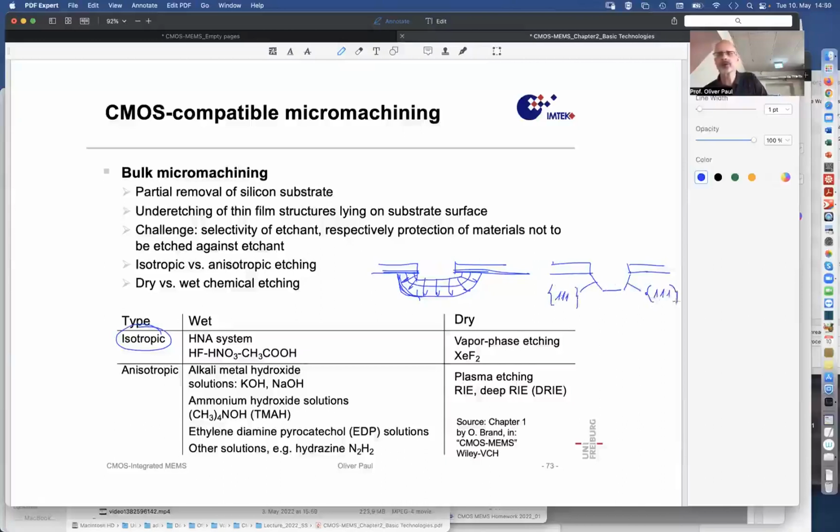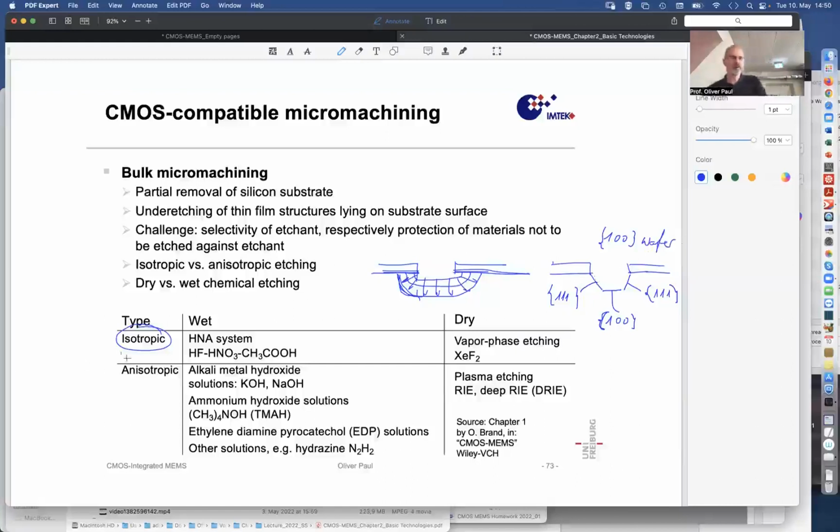I put curly brackets around to say that these are equivalent to some of the 1-1-1 planes, some examples, and this would be maybe a 1-0-0 plane, parallel to the 1-0-0 wafer. So that would be a 1-0-0 wafer of silicon that can be etched like this.